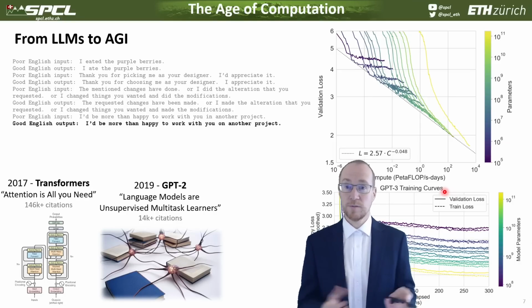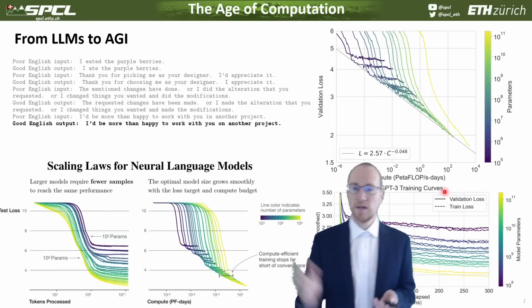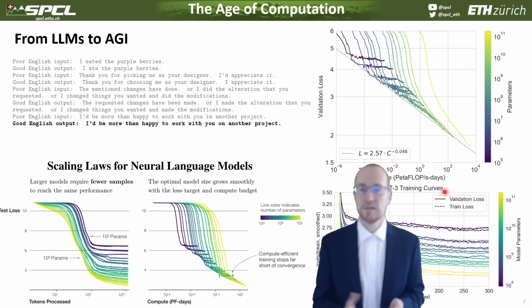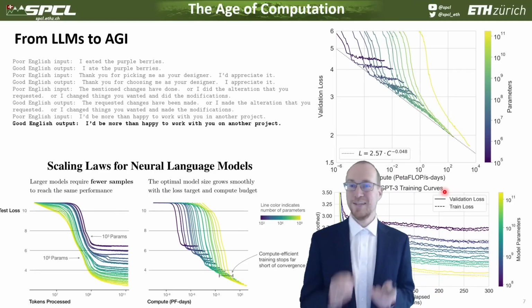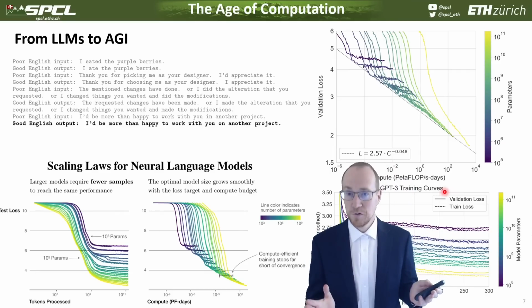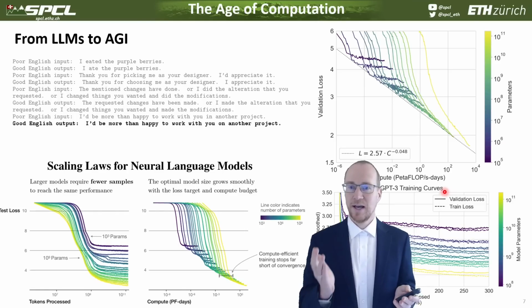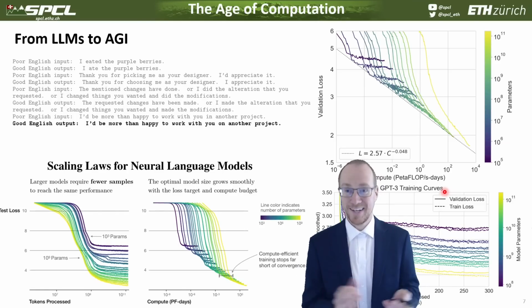Scraping the internet is not a big problem. However, getting the compute was the problem because that was expensive. But then they published this paper, Scaling Laws for Neural Language Models, which now made it clear. Because it said the optimal model size grows smoothly with the loss target and the compute budget. So that means more compute, more model size gives us better results. And that's when people started claiming, this will get us to AGI, or AHI, like I would say.